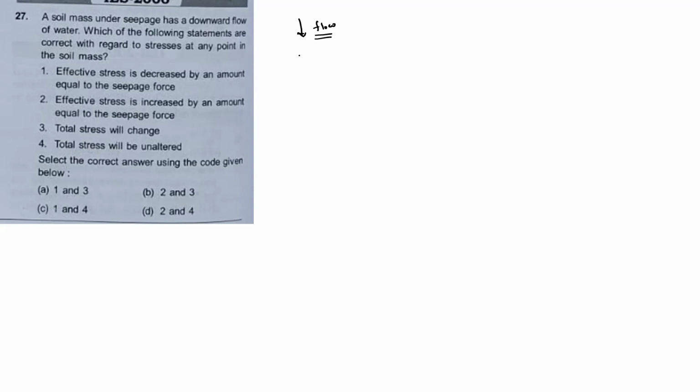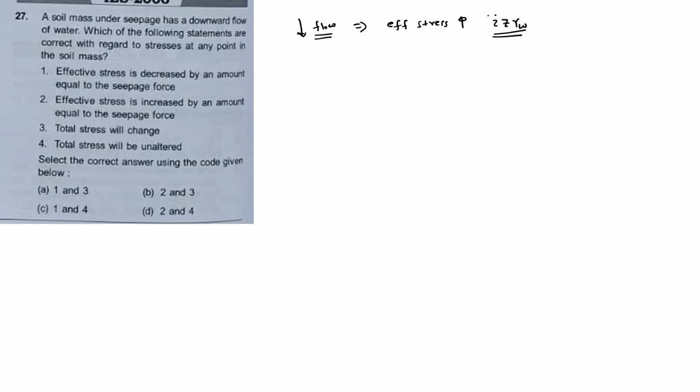So effective stress will increase. It will not decrease if the flow is downward. This implies that effective stress will increase by the amount i into z into gamma w.